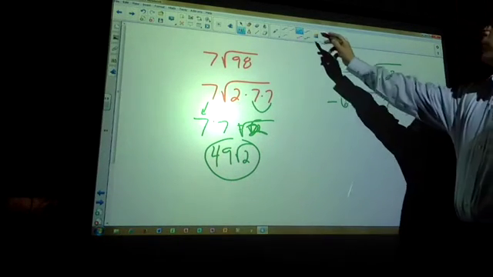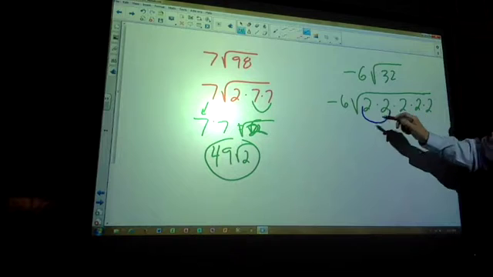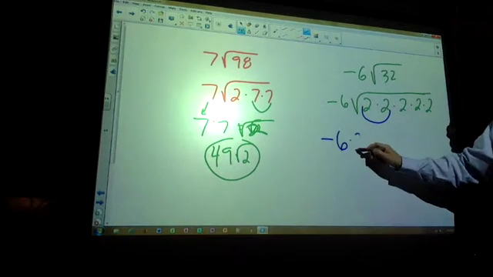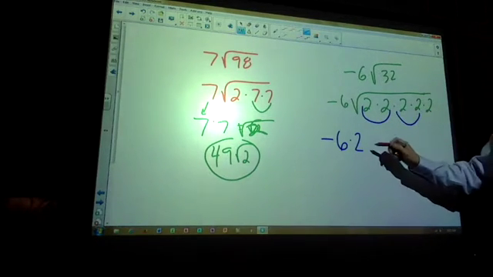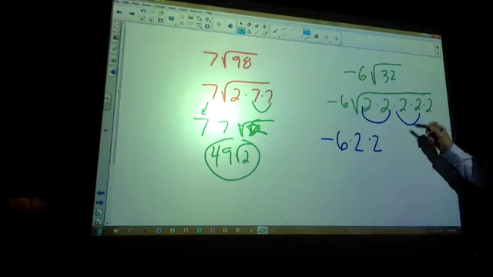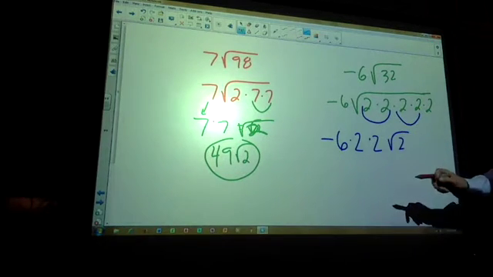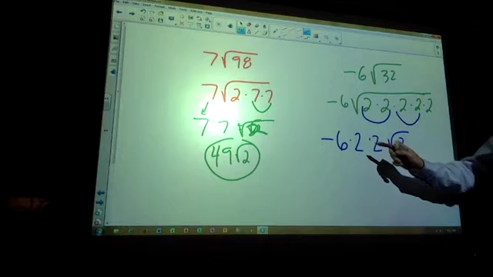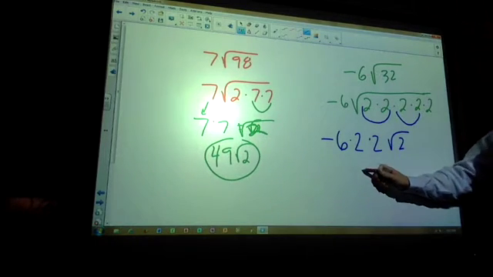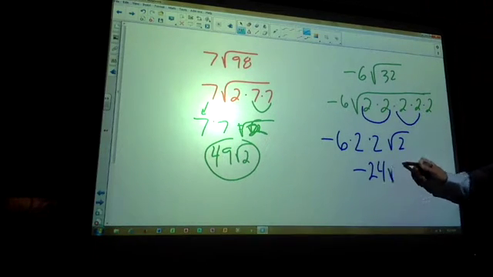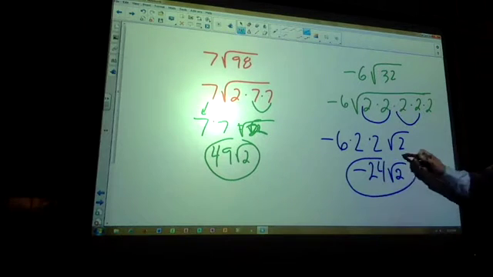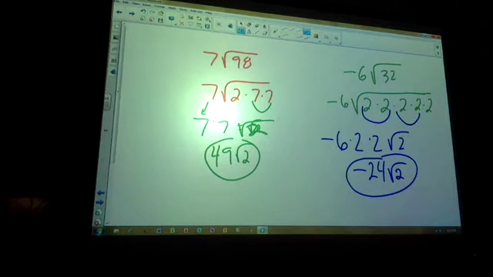So we're looking for pairs, right? That comes outside. So I have negative 6 times a 2 times a 2. And then what's inside? Square root 2. Multiply outside. Negative 6 times 2 is negative 12. Negative 12 times positive 2 is negative 24 square root 2. Okay? Does that help you?